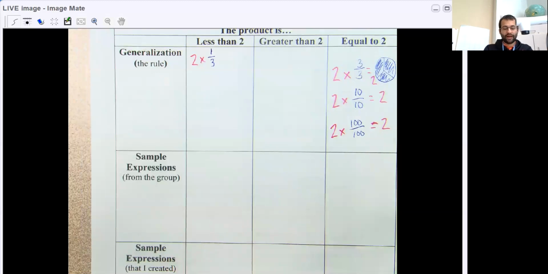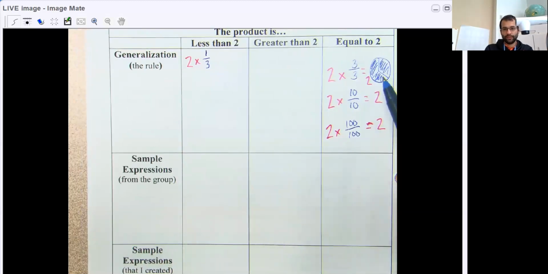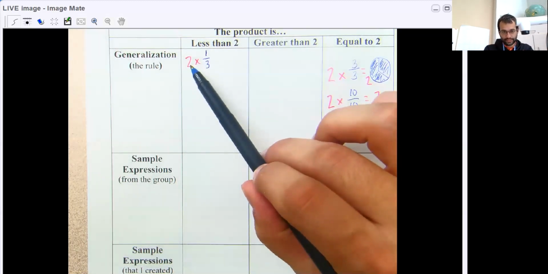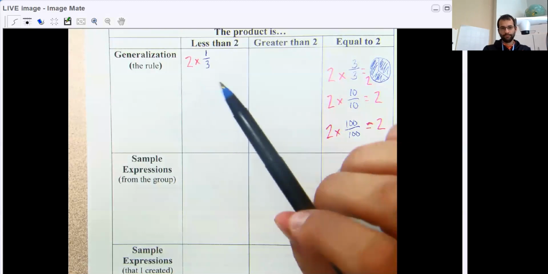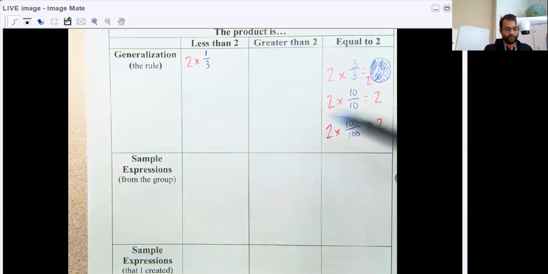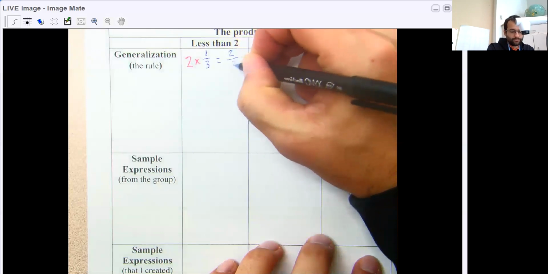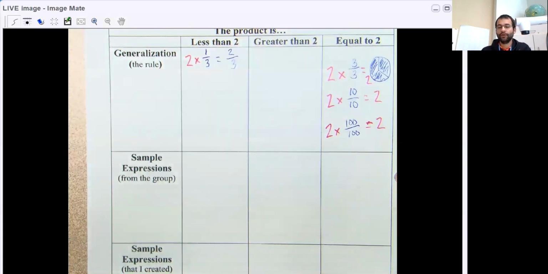So that would be like if I were to shade one piece here, okay? So this is basically telling me I need 2 pieces of 1/3. So this would be equal to 2/3, because it's 1/3 and 1/3.